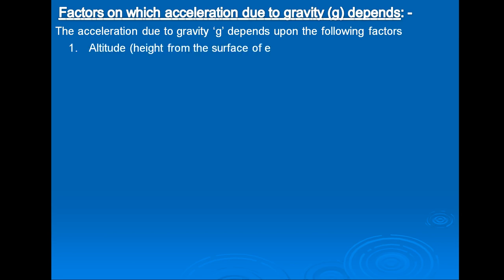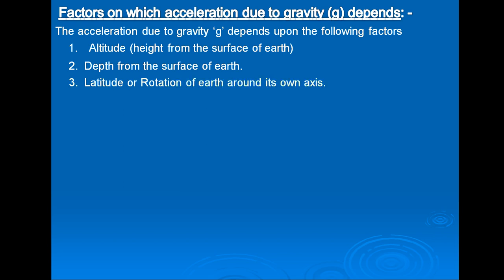Number 1, altitude, that is height from the surface of earth. Number 2, depth from the surface of earth. Number 3, latitude or rotation of earth around its own axis. Number 4, shape of the earth.